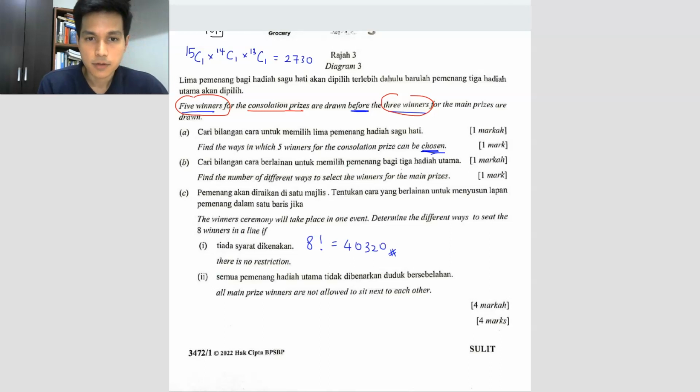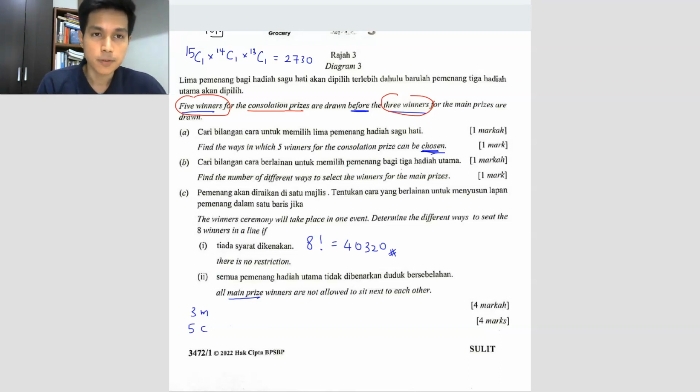Okay, now last one there. All main prize winners are not allowed to sit next to each other. So there are 3 main prize and 5 consolation prize. Okay, so the 3 main prize, they cannot sit together. I want you to take note of this, because a lot of students make mistakes with this.